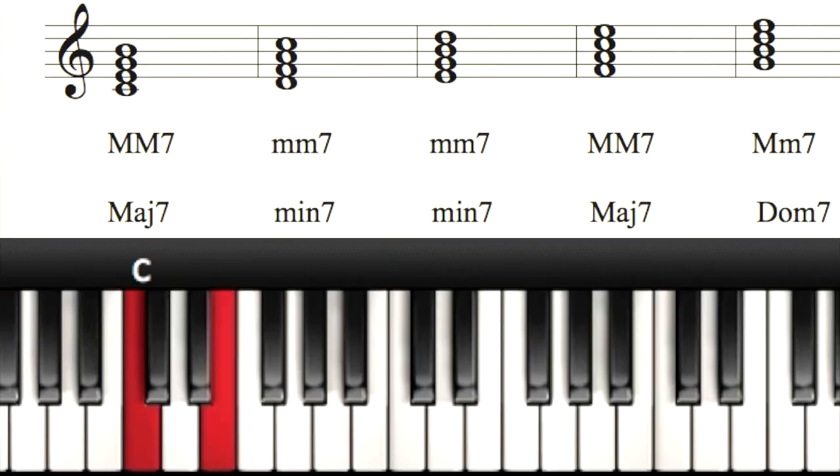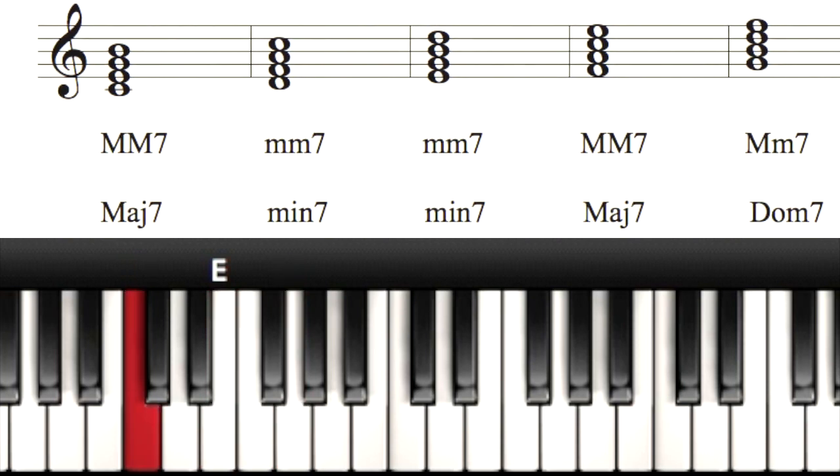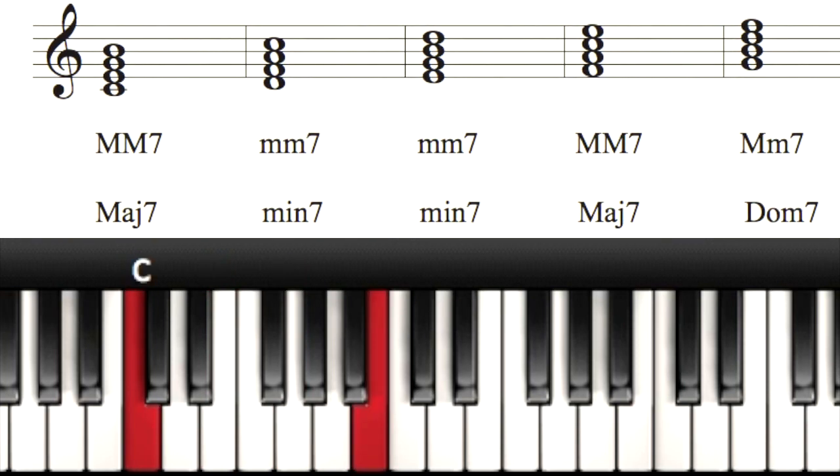When we use these two terms, major major, the first of those refers to the quality of the triad, major triad, and then the second refers to the quality from root to the 7th. In this case, it's a major 7th.